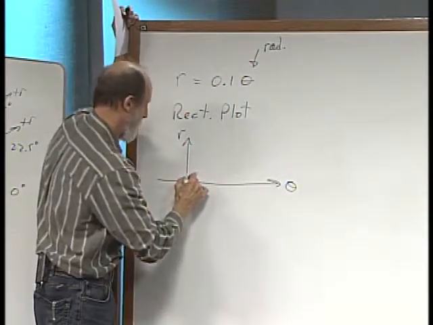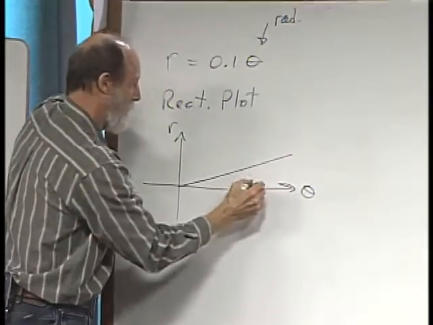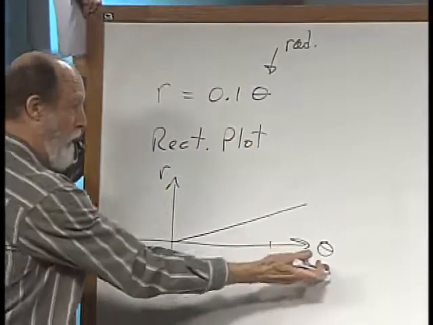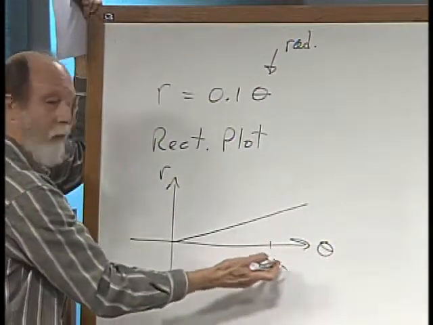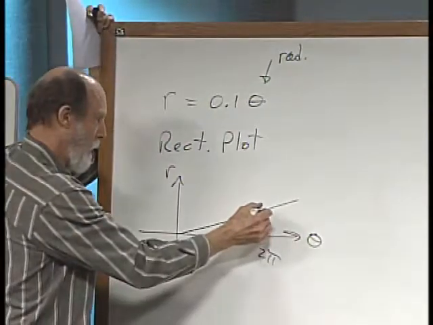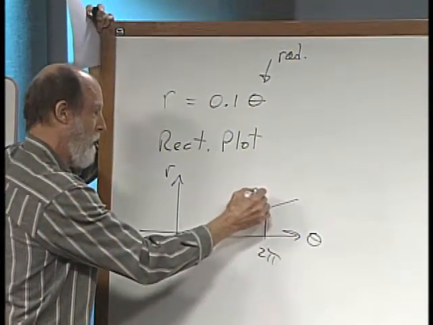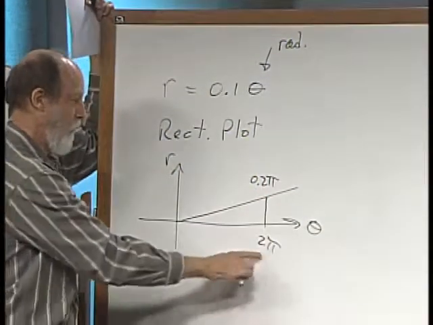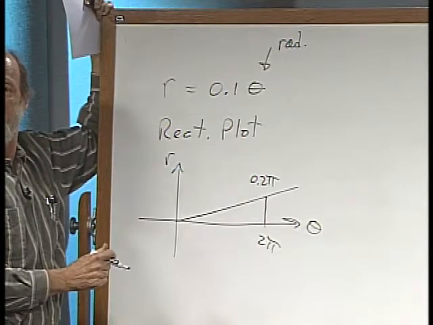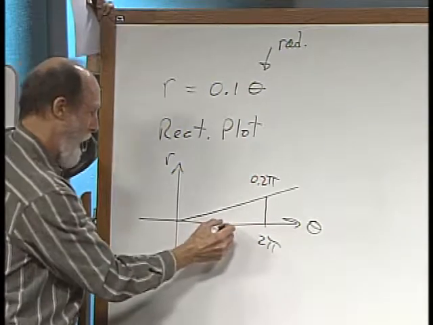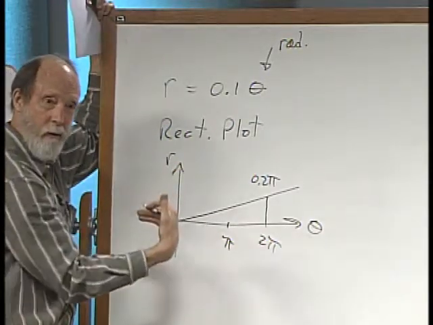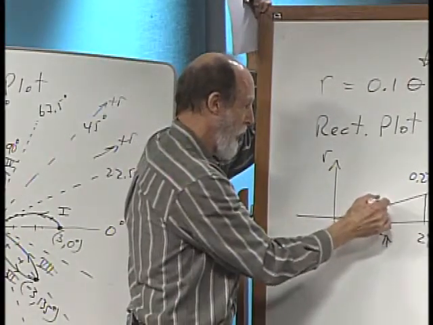So when you get out to 2 pi for your angle reading, in other words, think of that as one whole rotation on your polar graph, your radius is only going to be 1/10 of that. 1/10 of 2 pi is 0.2 pi. When you're at pi, halfway around a rotation, you're going to be at 1/10 of pi.